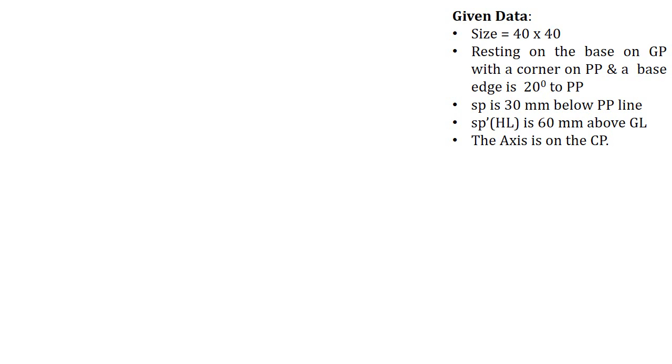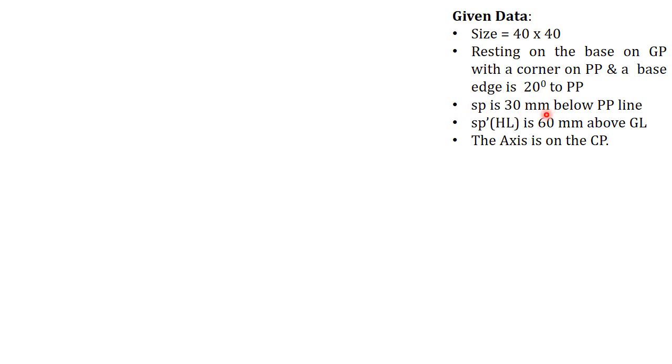So these are the given data. The size of the pyramid is 40 by 40, that is 40 mm base edge and 40 mm height. It is resting on its base on the ground plane with some angle with PP. In top view you can see the true shape of the base because it is resting on GP, so we should start with the top view.